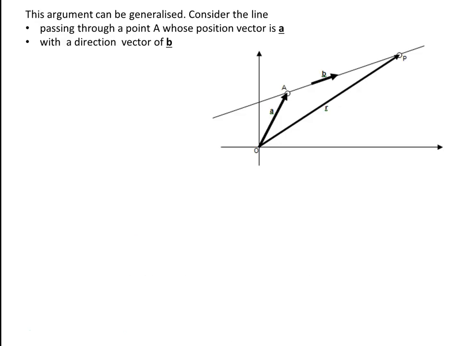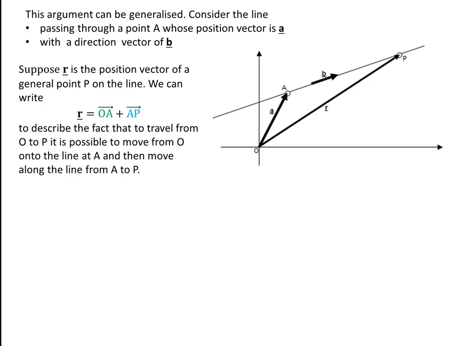Now we can generalize this argument. Consider the case of a line which we know passes through a point A, whose position vector is little a, and which has a direction vector of b. So b represents a vector in the direction of the line.